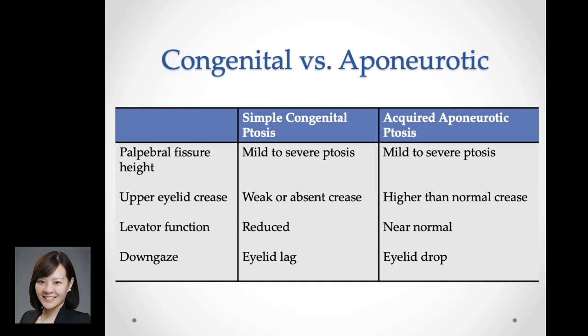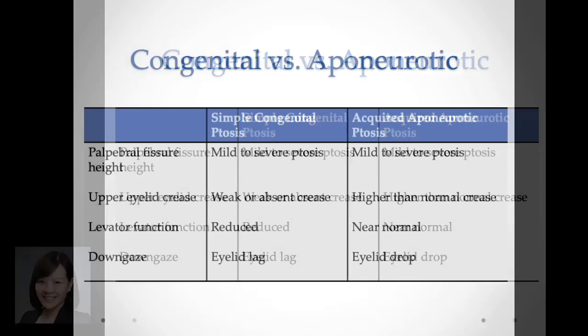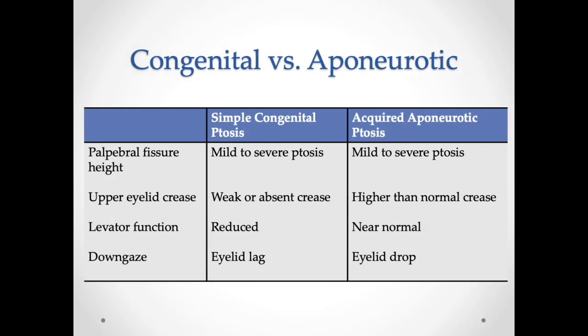The levator function will be reduced in your simple congenital ptosis, and in your acquired aponeurotic ptosis, this will be near normal. When you ask the patients to look down gaze, you will observe an eyelid lag for the simple congenital ptosis and an eyelid drop for the acquired aponeurotic ptosis.